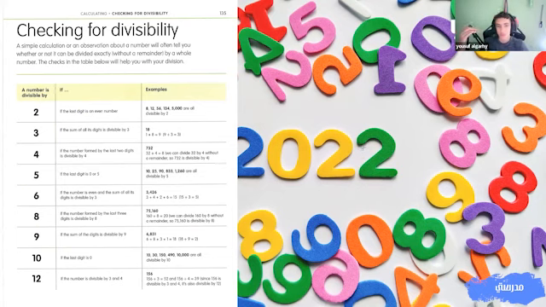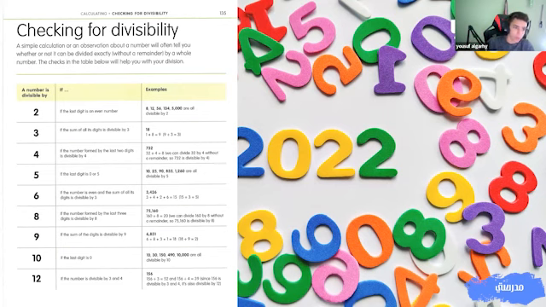If the last digit is an even number, like 2, 4, 6, 8, 10, 12, 14, 16, 18, 20, 22, 24, 26, 28, 30, 32, 34, 36, 38, 40, those are all divisible by 2. So 8, 12, 56, 134, and even 5,000 are all divisible by 2.